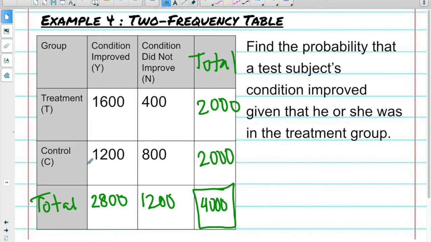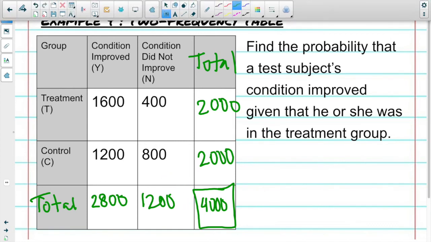And the 800 represents people who were in the control group and did not have an improvement in their condition. Okay? 1200 represents the total number of people whose condition did not improve, regardless of whether they were in the treatment or the control group. And 2800 represents the number of people whose conditions improved, regardless of whether they were in the treatment or control group.